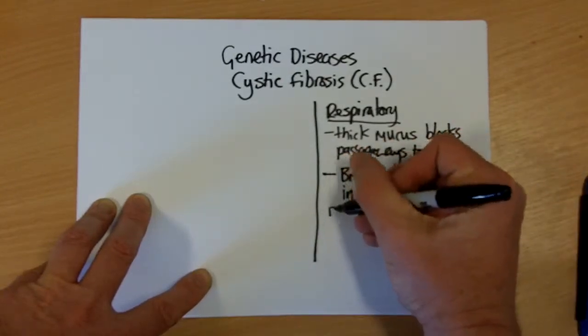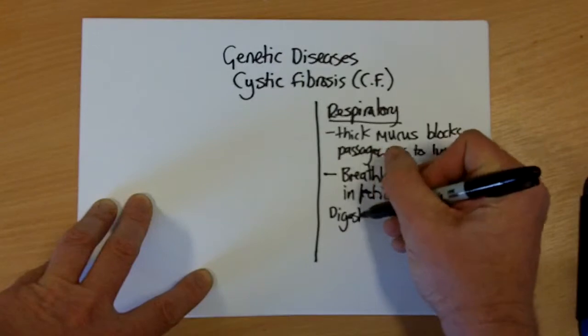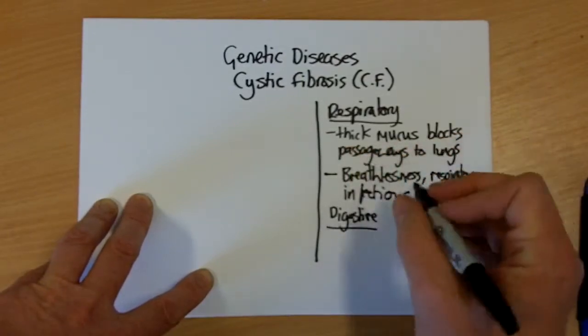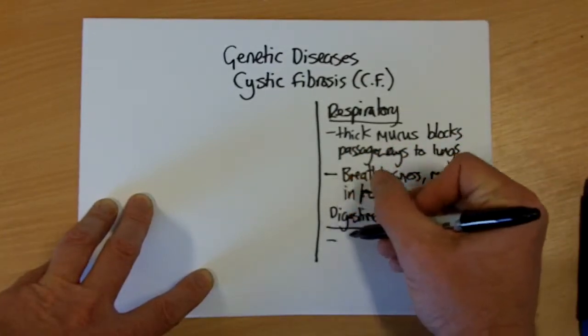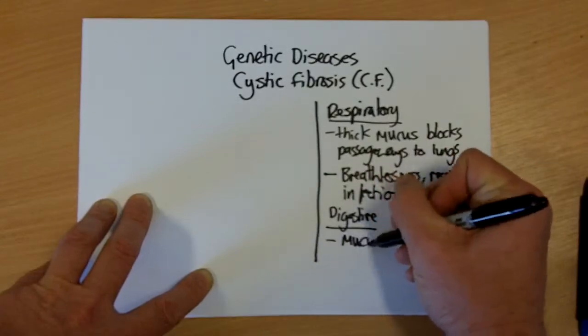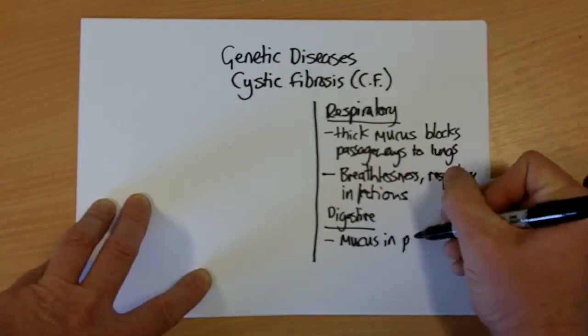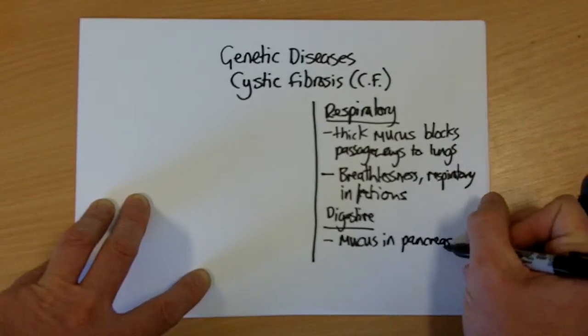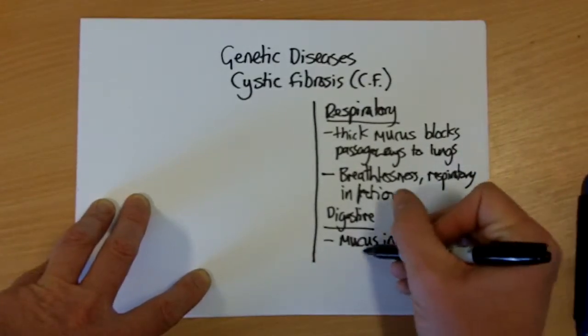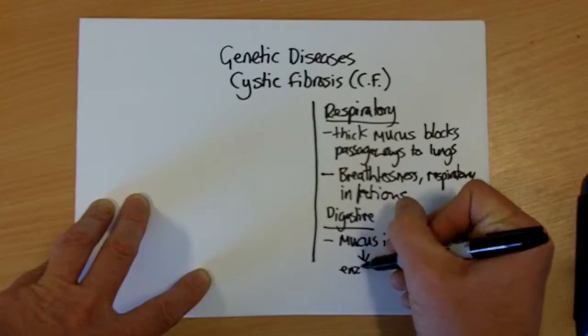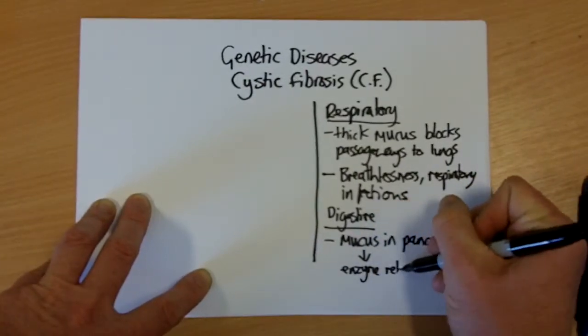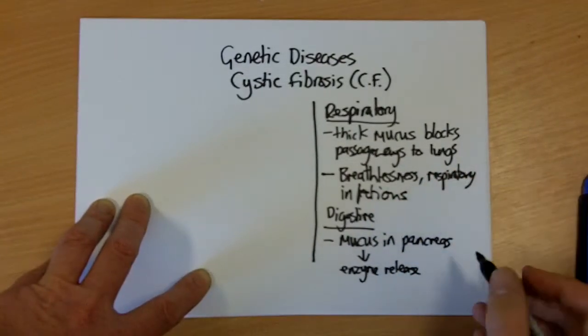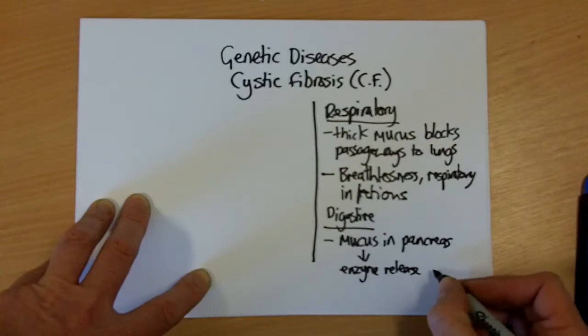So the other issue is in the digestive system, in that the thick mucus gets into the pancreas, which prevents enzyme release, and as a result of that, it's quite hard to digest food properly.